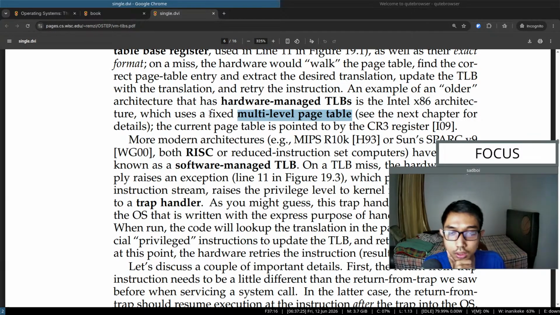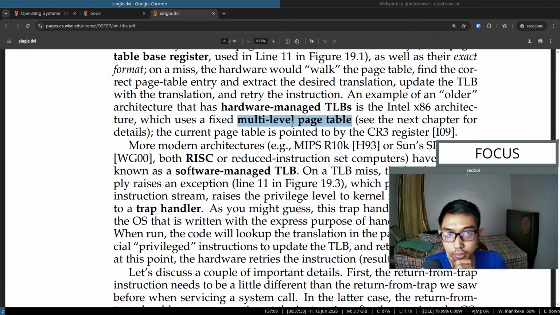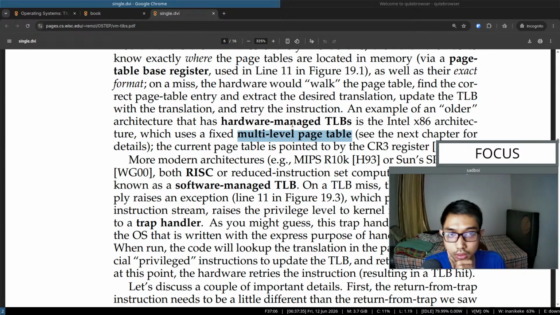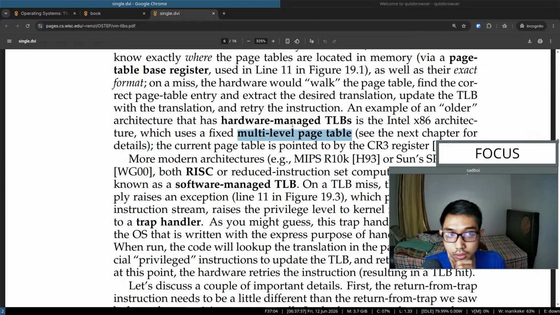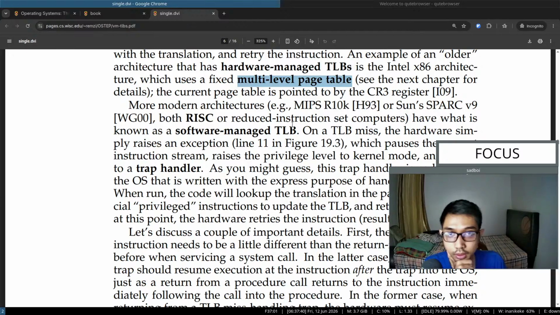Oh, okay. So instead of a linear page table, we use a multi-level page table. The current page table is pointed to by the CR3 register.